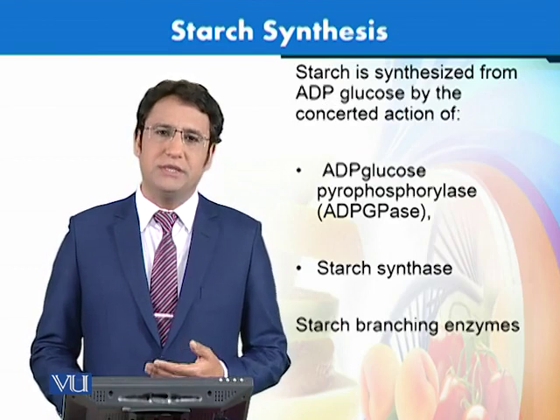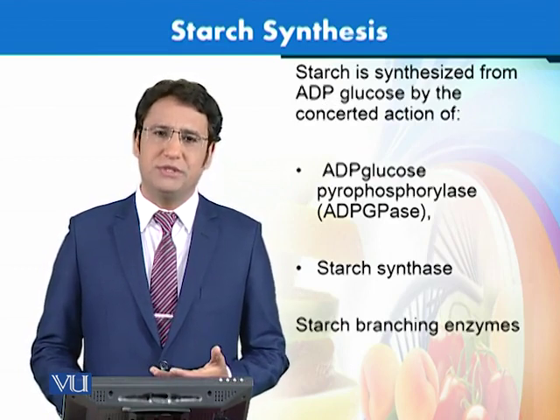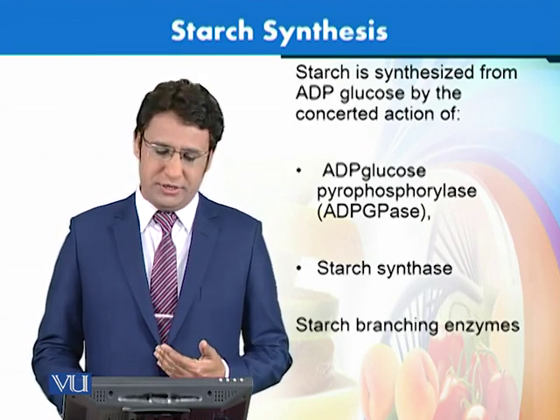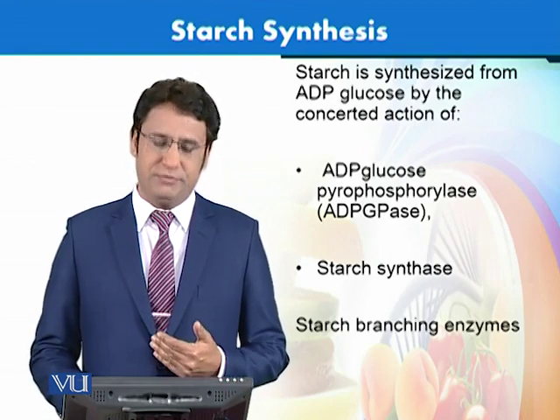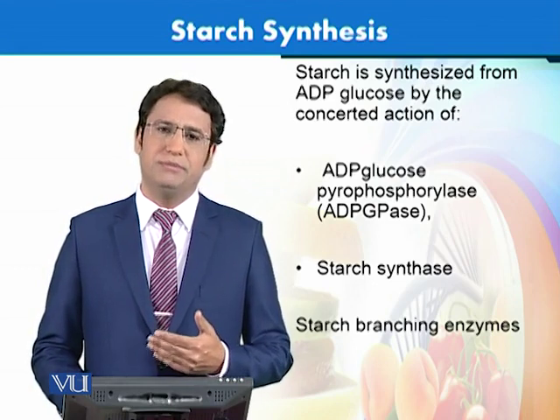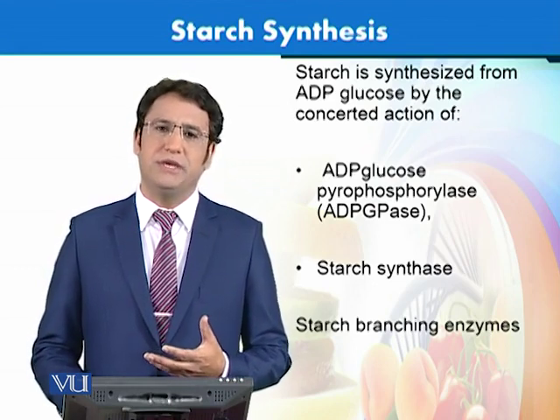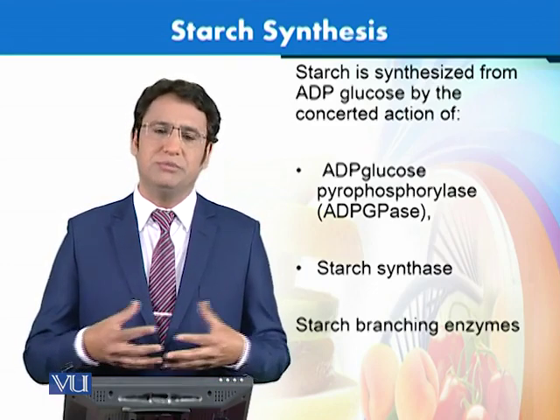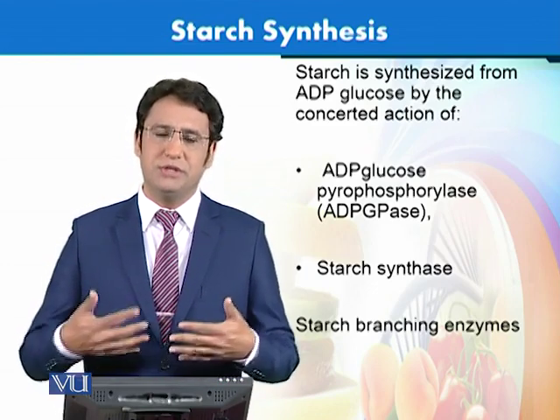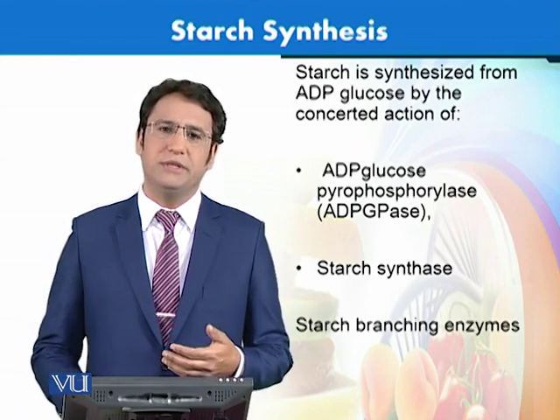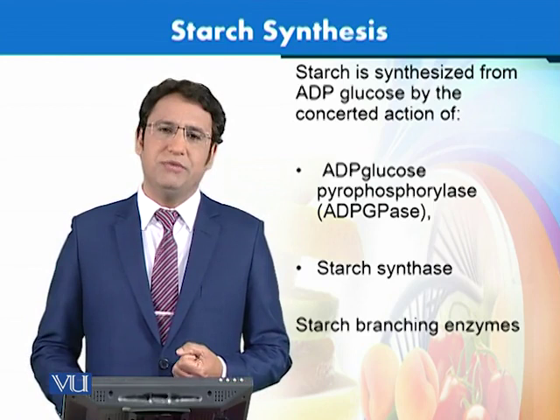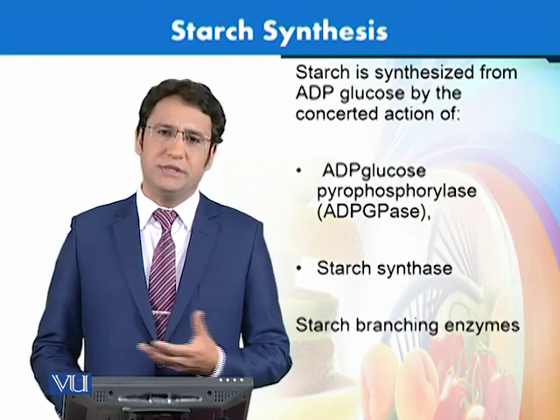Starting this process, it would start with ADP glucose. This would be synthesized into starch by the action of different enzymes, because glucose is the basic unit. The glucose units start joining together through polymerization, and there are different enzymes responsible for these reactions.